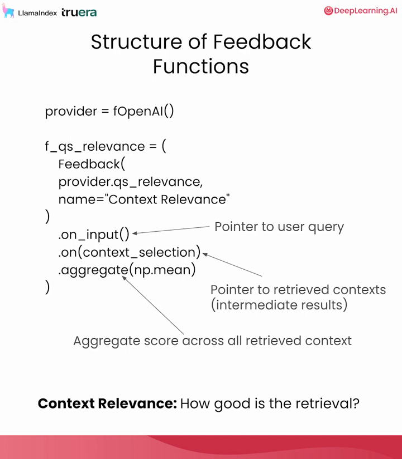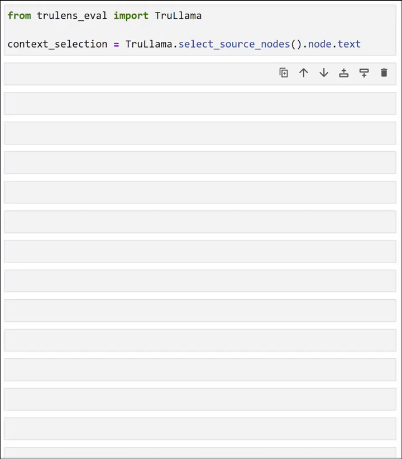Between these two examples, the full power of feedback functions is leveraged by making use of inputs, outputs, and intermediate results of a RAG application to assess its quality.